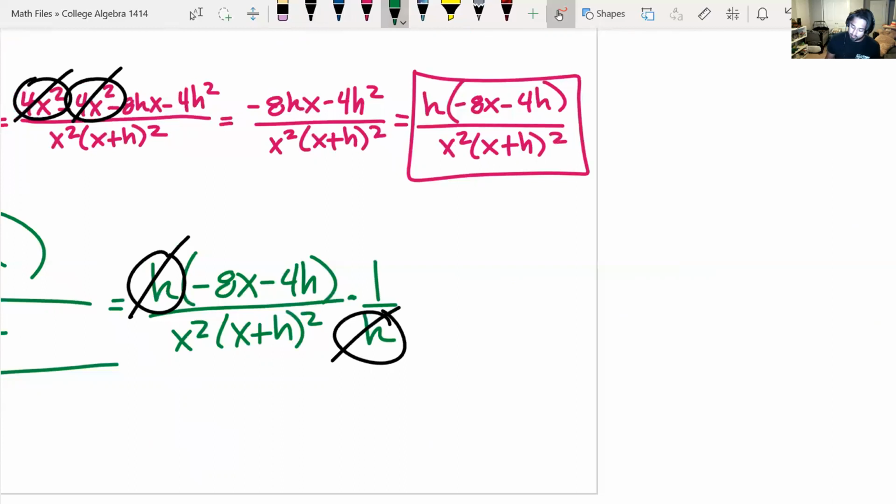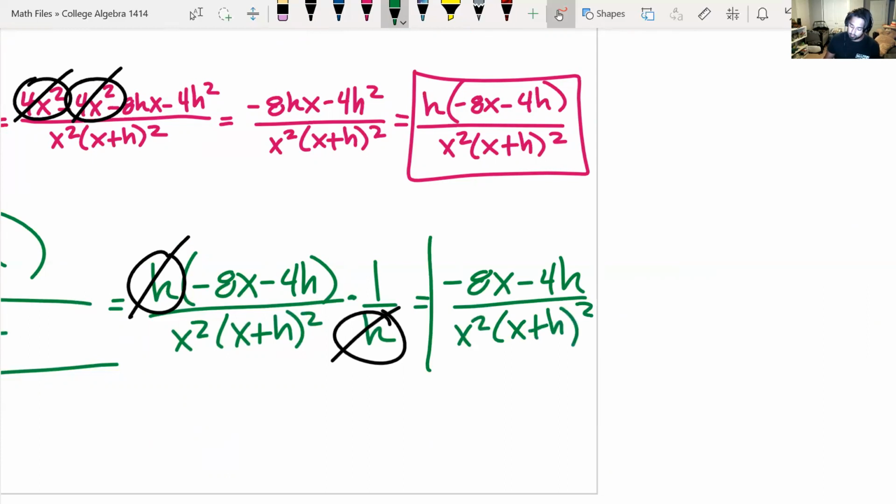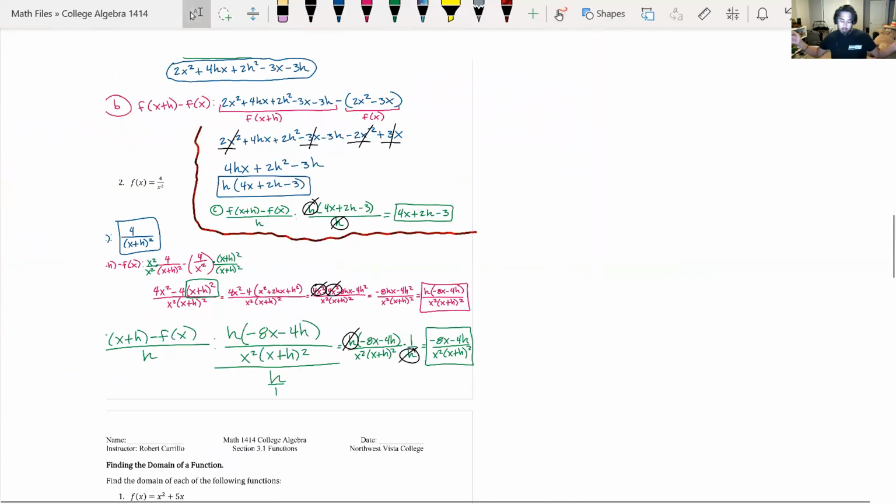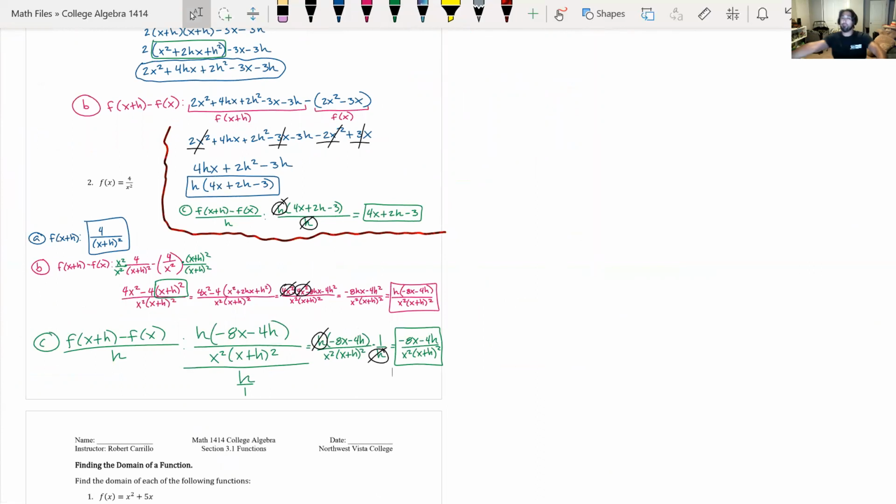And we get our final answer of negative 8x minus 4h over x squared times x plus h squared. And there it is. Fractions, eat your heart out. Okay, excellent. Let's keep moving.